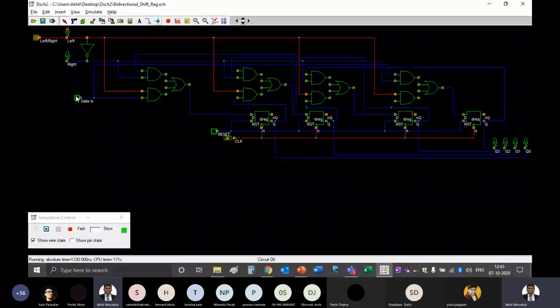So if you write in programming, if this is the sequence, shift left. If this is the sequence, shift right. So these shift left and shift right signals are coming from the program, and accordingly the circuit inside will do shift left and shift right, and this Q3, Q2, Q1, Q0.